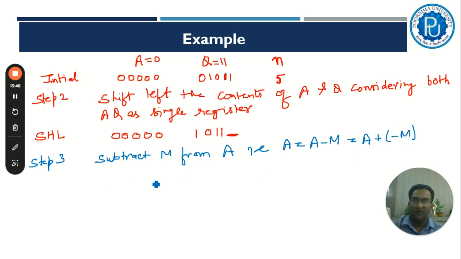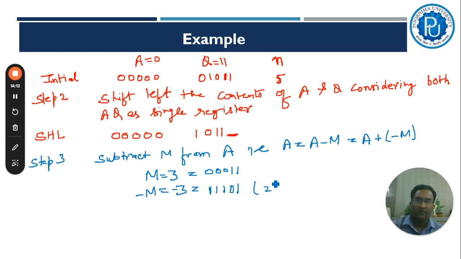So what is the value of M? M is equal to 3. So minus M will now become, this is the binary value of M. So minus M will become minus 3, which is equivalent to 10111 there.